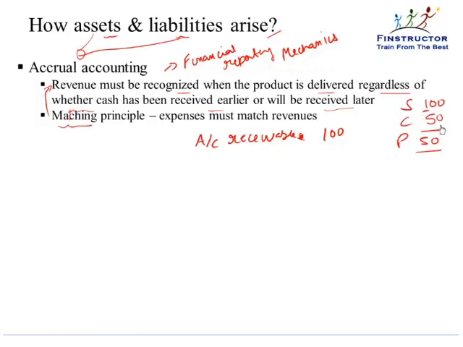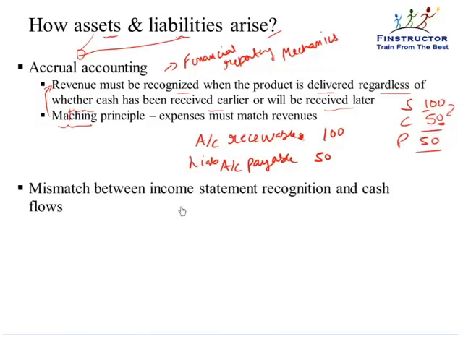Likewise, if we haven't yet paid our supplier because we were waiting for this payment to come and then pay the $50, there would be another entry on the liability side as well, called accounts payable of $50, representing that this $50 of cash expense that I've shown on my income statement hasn't yet been paid.